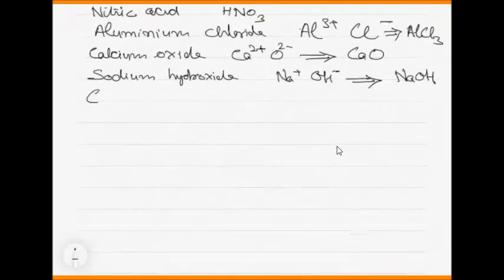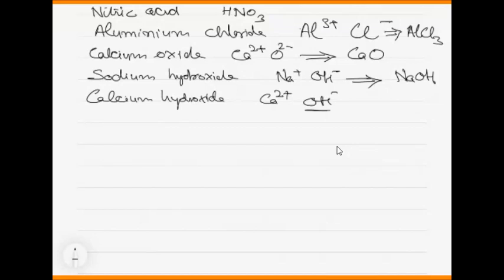After sodium hydroxide we have got calcium hydroxide. Now here we have to be slightly careful. Calcium is Ca2 positive and hydroxide is OH1 negative. So now when we say OH1 negative, this 2 will be applicable for both when we exchange the valencies.